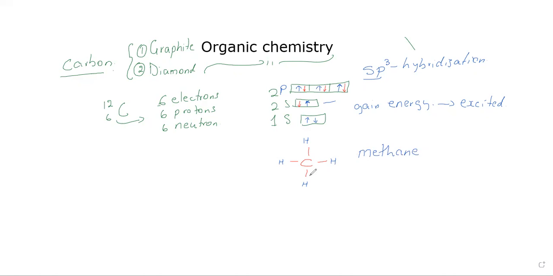Now, carbon can only go to a maximum of 4 bonds here, as it's shown up there. Now this falls under a family called alkanes. These are fuels or simple paraffin.